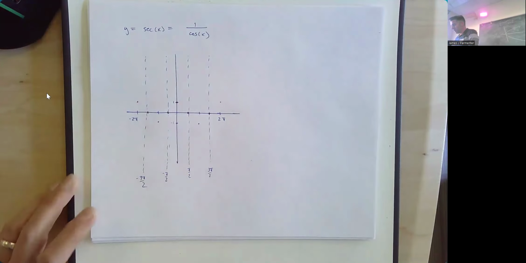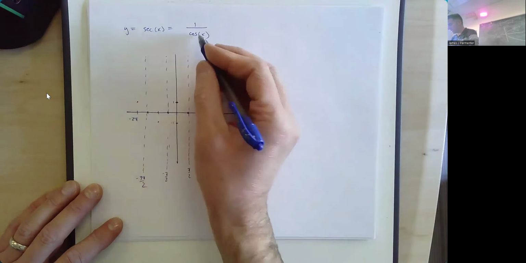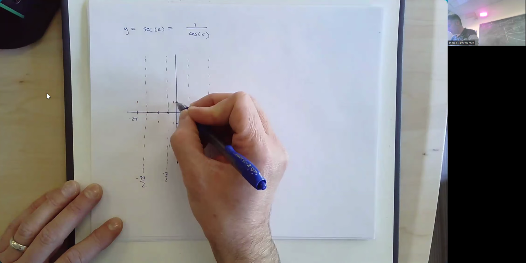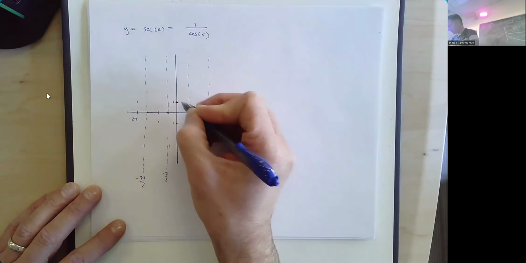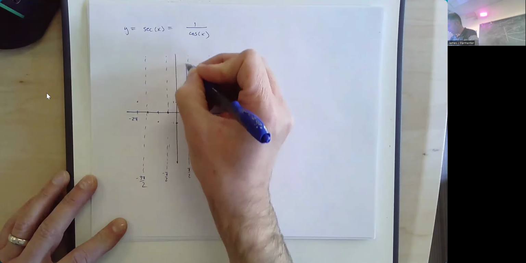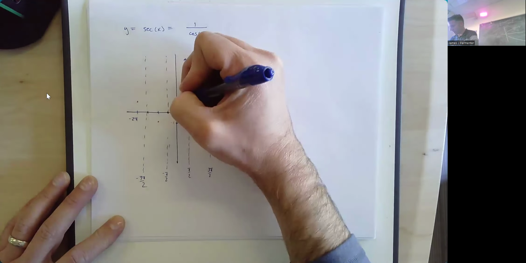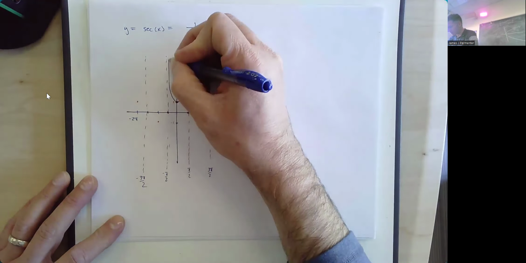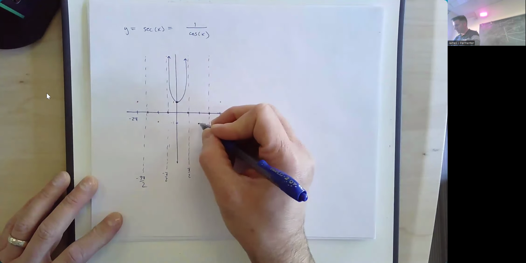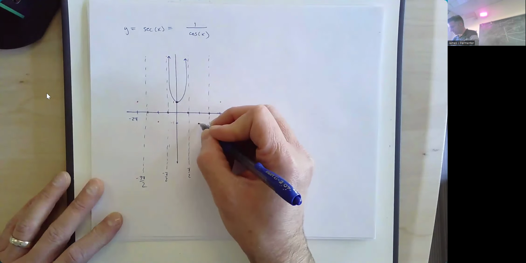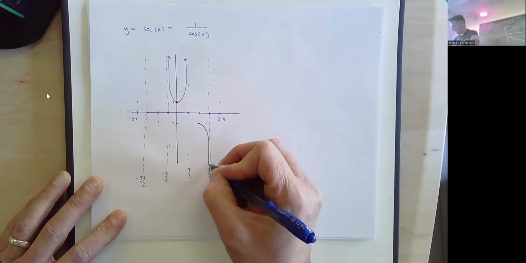All right. If cosine is equal to 1, secant is equal to 1. Cosine would go down to 0, secant's going to go up to infinity. Same thing on that side. And then down here, cosine would go back to 0, secant's going to go away from 0, down to negative infinity.